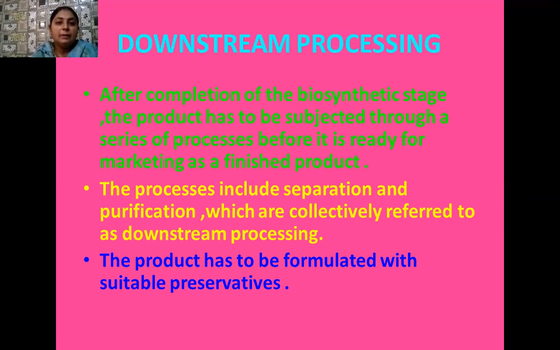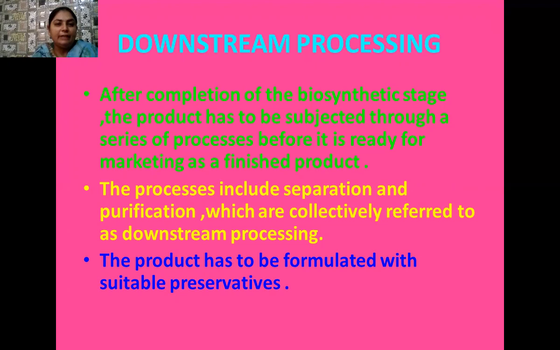So these products which we obtain from the bioreactors, as they have completed their biosynthetic stage, still have to undergo a series of processing before they become ready for marketing as a finished product. The downstream processing includes the various types of separation techniques and purification methods that we generally use in chemistry, which are collectively known as the downstream process.